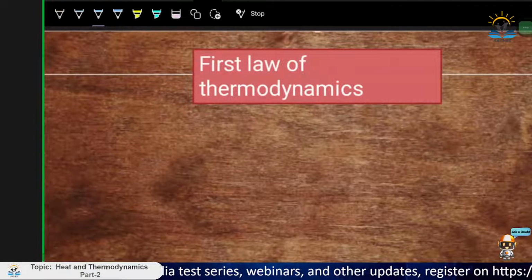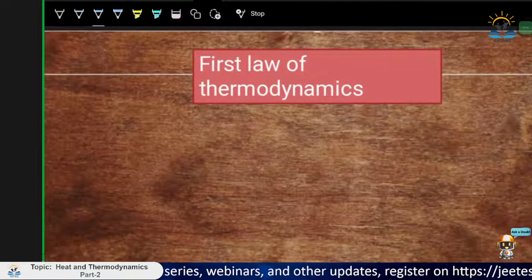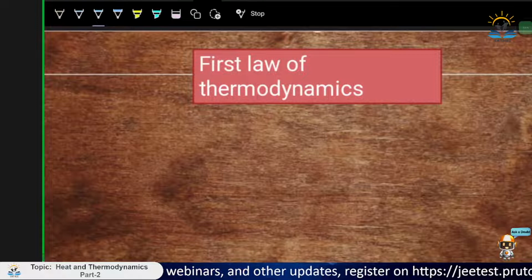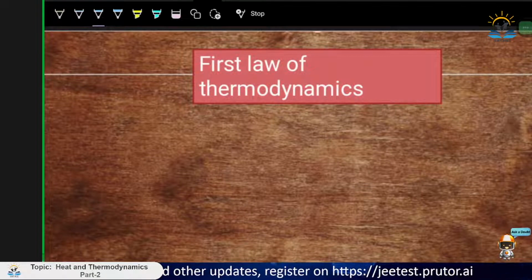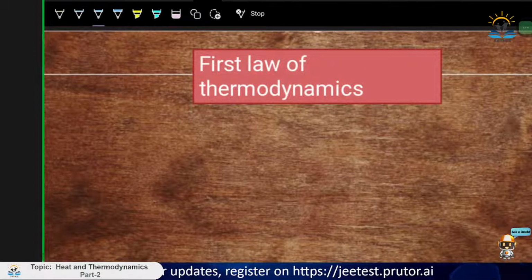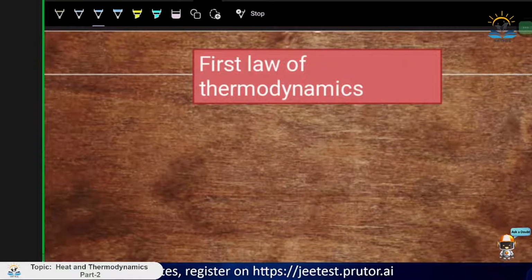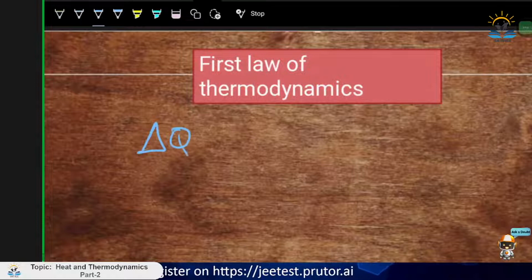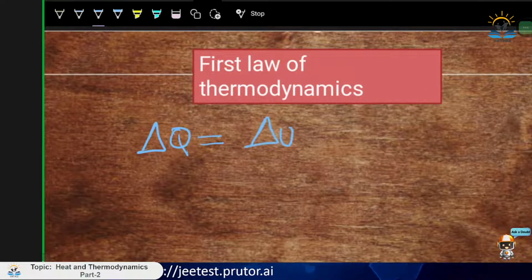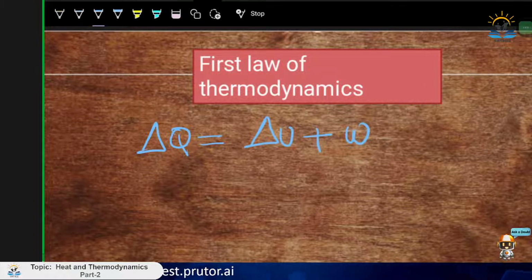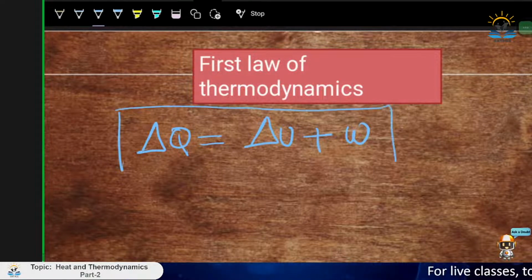As per the first law, the heat supplied to the system is partially used to increase the internal energy and the remaining is used to do work on the surroundings or environment. So delta Q is equal to delta U plus W.